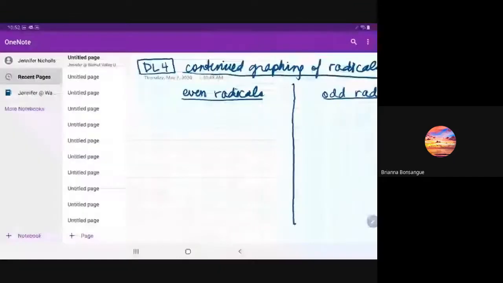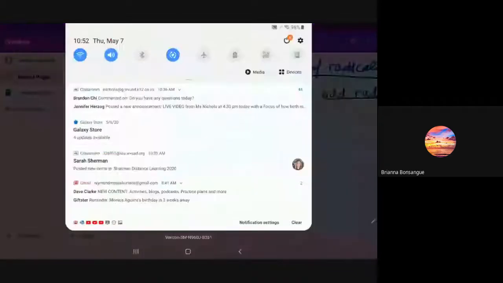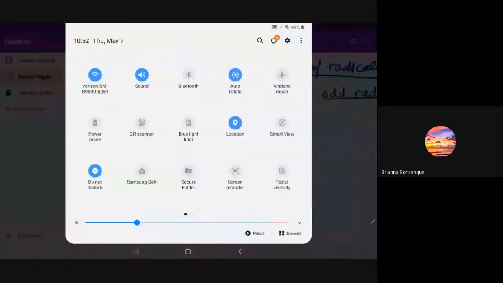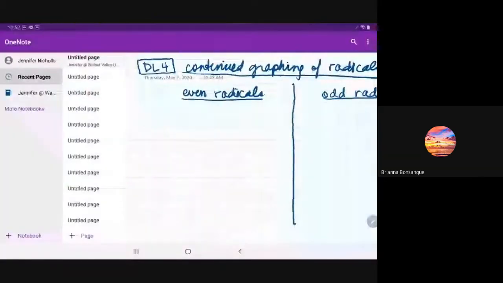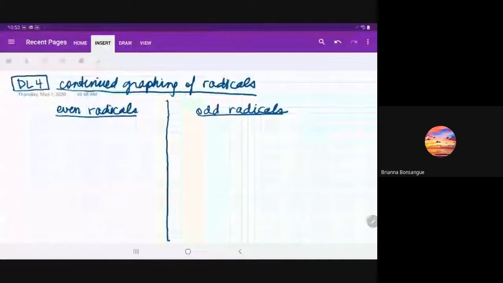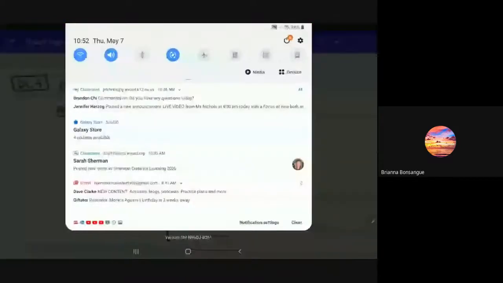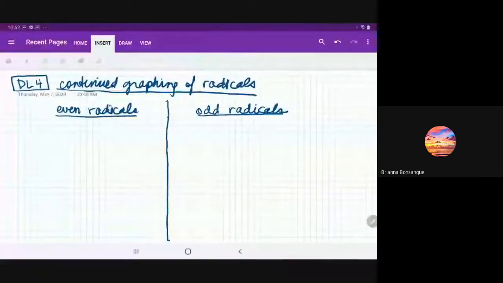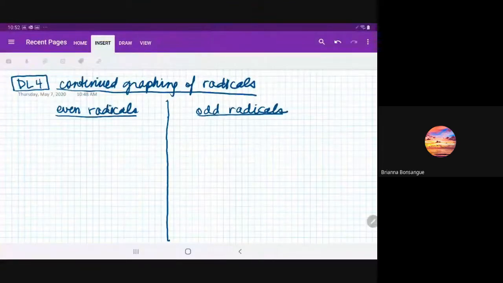Oh, don't I have my notifications turned off? Do not disturb. Sorry, let's go back here. About the captions, Charlize, does each student put the caption button on, or do I?